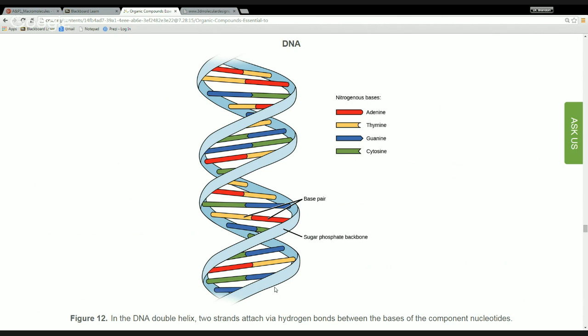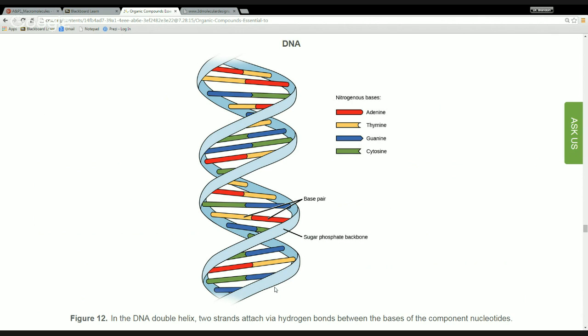The ribbon in this picture, this part here, represents the phosphate and deoxyribose polymer, and then sticking off of each deoxyribose is the nitrogenous base, here just represented by different colored bars. And so that's sort of the picture of what DNA looks like. It's kind of like a twisted ladder or spiral ladder looking thing.